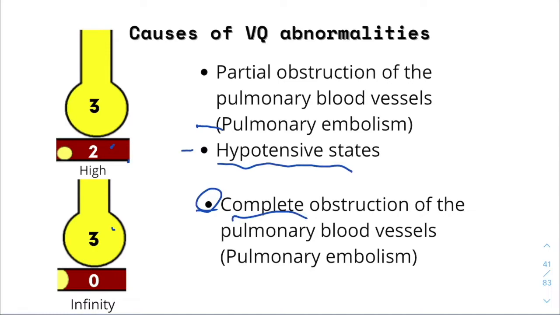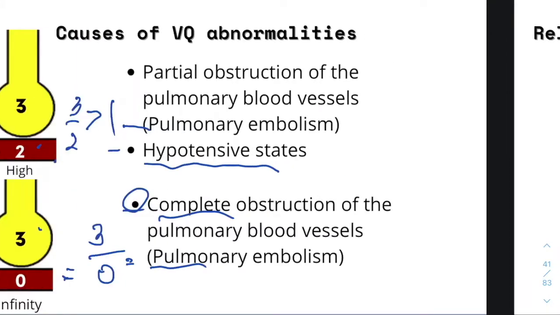When there is complete obstruction of your pulmonary vessels, such as also in pulmonary embolisms that completely obstruct your perfusion, so your perfusion here is 0. 3/0 is a VQ of infinity, while 3/2 is a VQ of greater than 1.